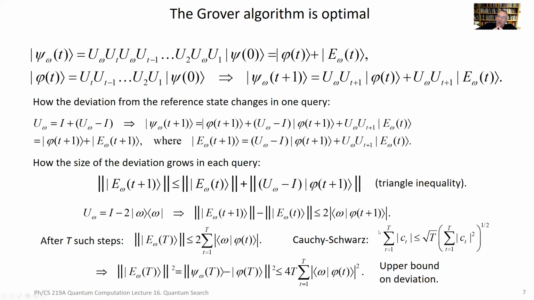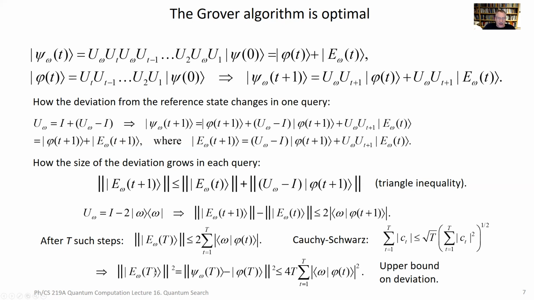The norm of the vector, all of whose components are 1 when there are capital T components, that's just the square root of capital T. It's the square root of the sum of 1 plus 1 plus 1 plus 1, etc., capital T times. And then the norm of the vector whose components are the absolute values of c sub t, that's just this expression, the sum of those components squared, square root of the whole thing. So that's just Cauchy-Schwarz.